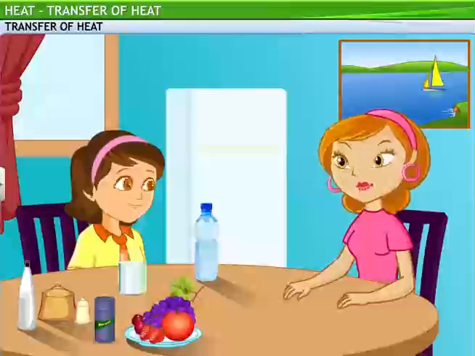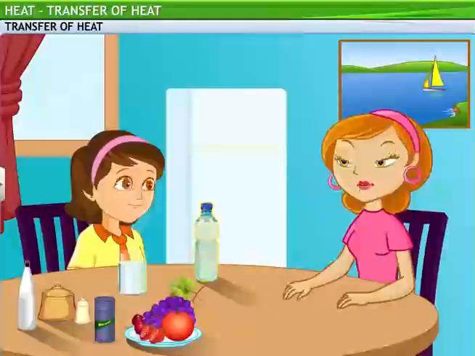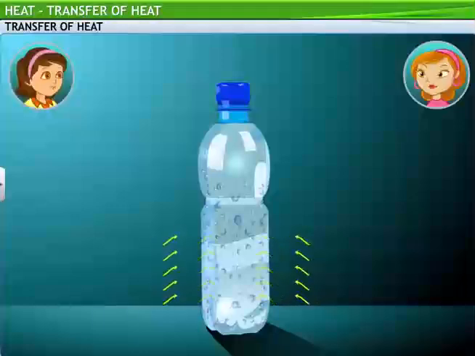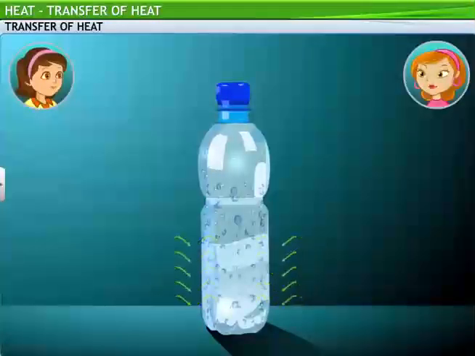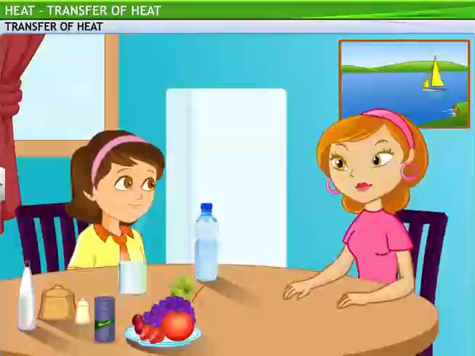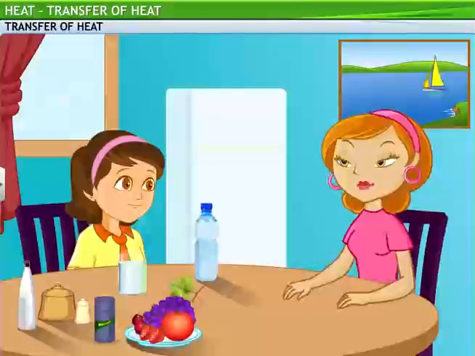That's because, in this case, the air surrounding the bottle is comparatively warmer than the bottle, and the water in it. Oh, you mean heat is getting transferred from the air to the bottle now? That's right.